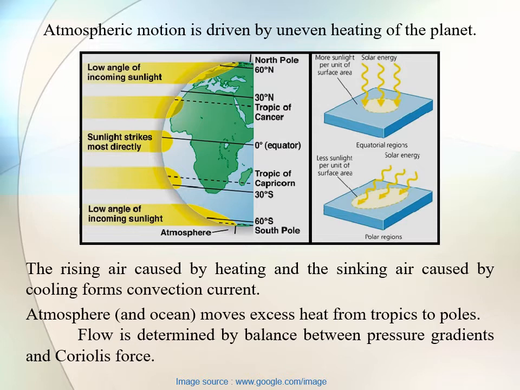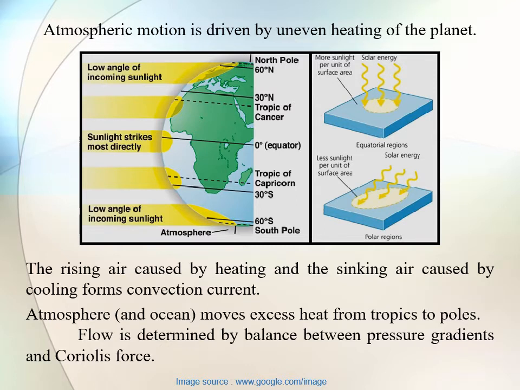So, in the equatorial region, per square unit area receives the maximum amount of insolation, and as we move to higher latitudes from the equator, the incoming solar radiation falls at an angle, and thereby the per unit square area receives lesser and lesser amount of energy.